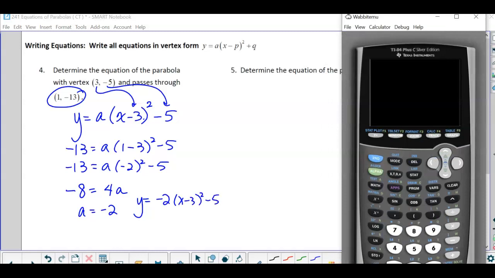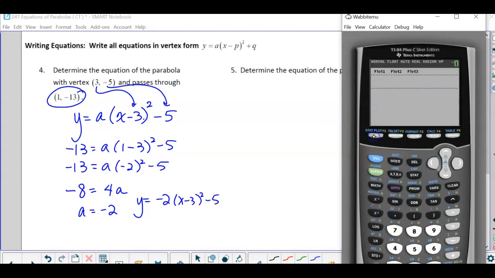And then you can check on your calculator. So you think it's y equals negative 2 bracket x minus 3 squared minus 5. Let's test the vertex, so trace 3. You can do a max.